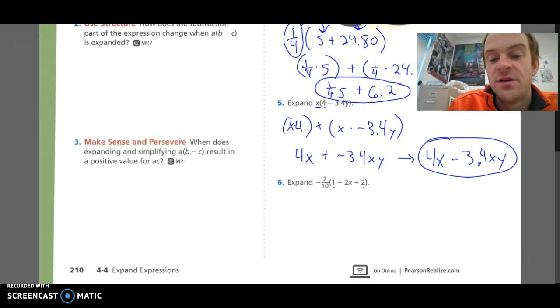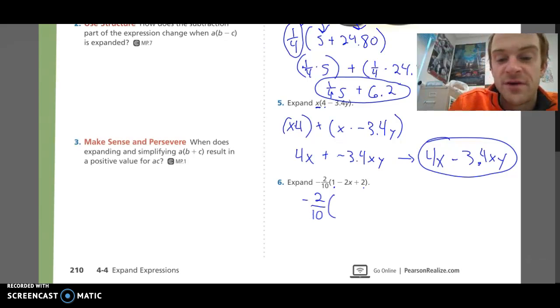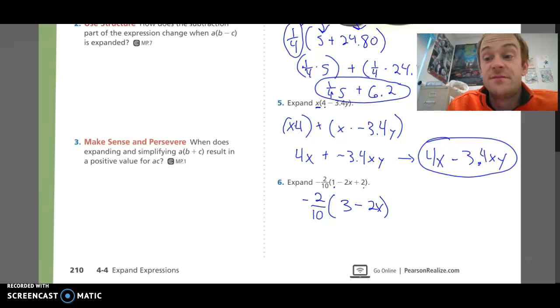So if we look here, the 1 and the positive 2 are like terms. So I'm actually going to go ahead and I'm going to combine those like terms first. So 1 plus 2 is 3. So I'm going to rewrite this inside here as 3 minus 2x. And that just saves me one set of multiplication that I have to do.